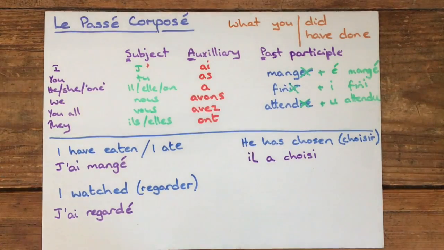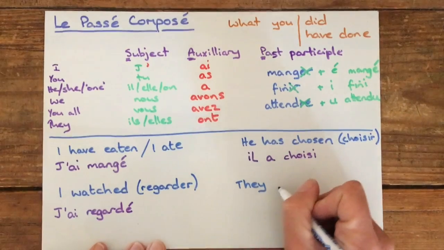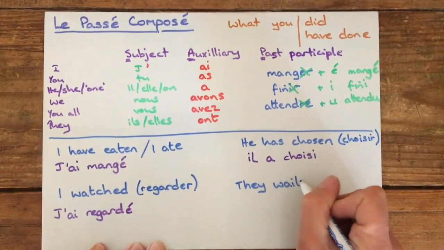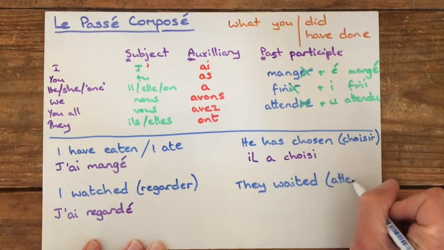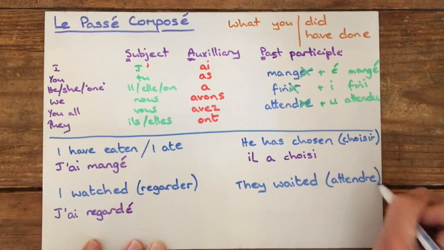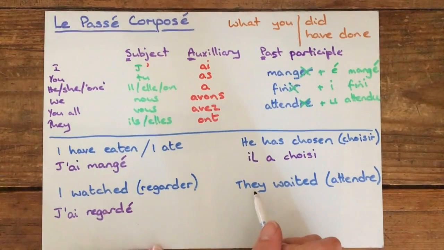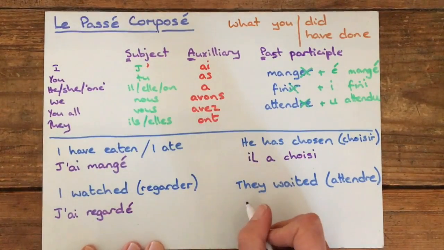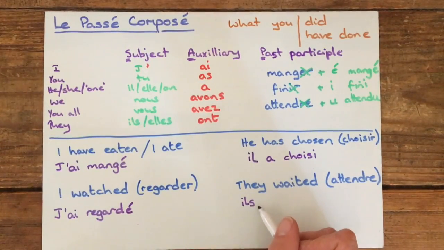Let's do one more. Let's do they waited. So the verb to wait is attendre. An RE verb. They. We're going to go for either ils or elles. Ils is your masculine plural, so a group of men, or it can be a mixed plural, men and women.